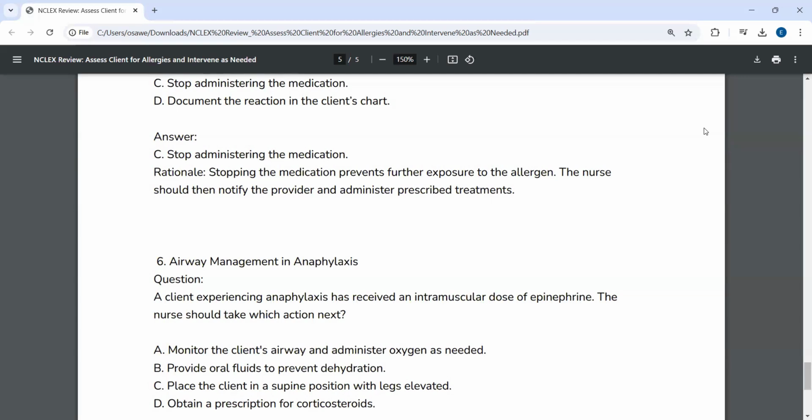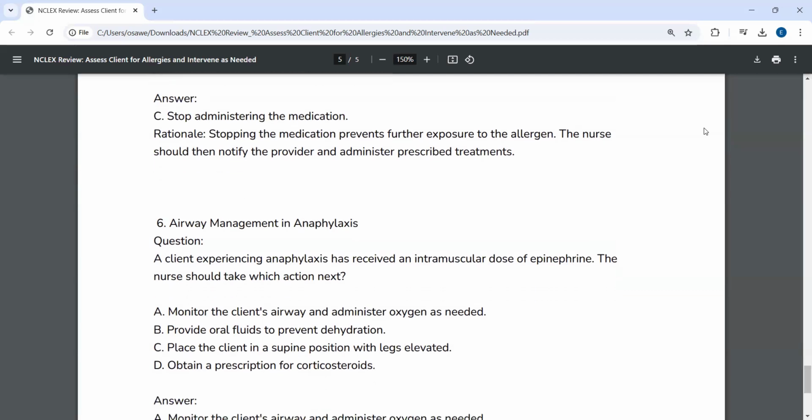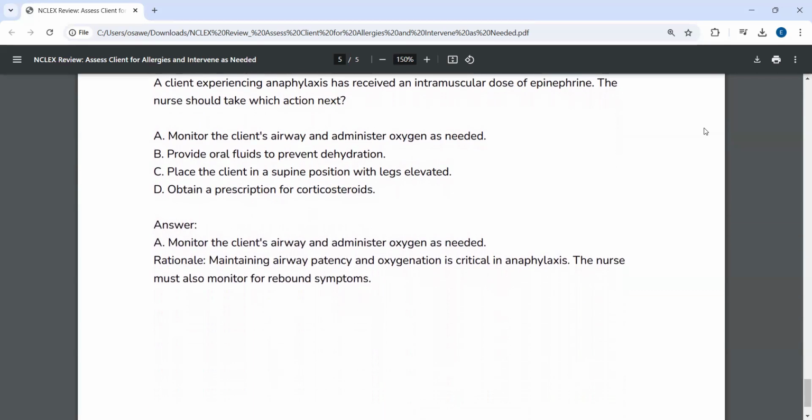Provide oral fluid to prevent dehydration, right? Place the client in a supine position with legs elevated, right? Obtain a prescription of corticosteroid. What we want to do is to monitor the client's airway because of the rebound, right? So now the answer is A, guys.